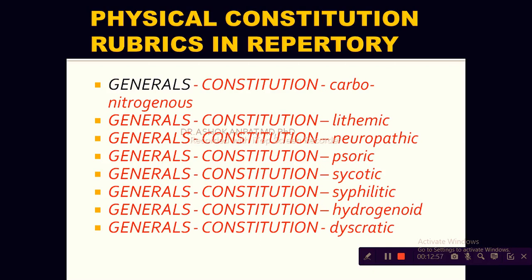So this is the coining of a rubric. This is a beautiful skill, a skill of how to coin the rubrics. Dr. Boger explained that coining of the rubric is a skill of the physician. The body is conveying a message to you, so you must recognize it and coin the rubric by this.